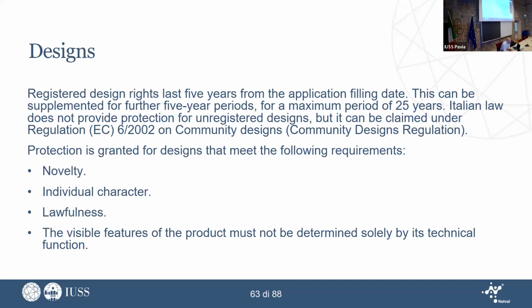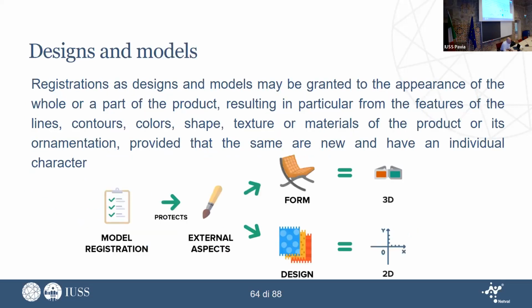We can protect designs in Italy when they meet novelty, individual character, lawfulness, and a visible feature that is not determined solely by its technical function. So, for example, the form, the design, like the texture.